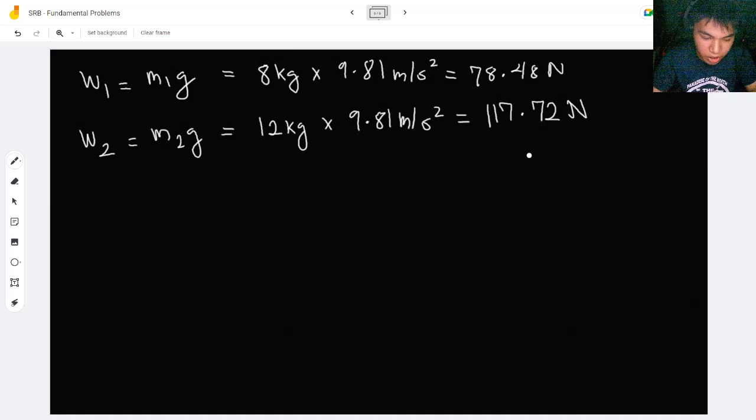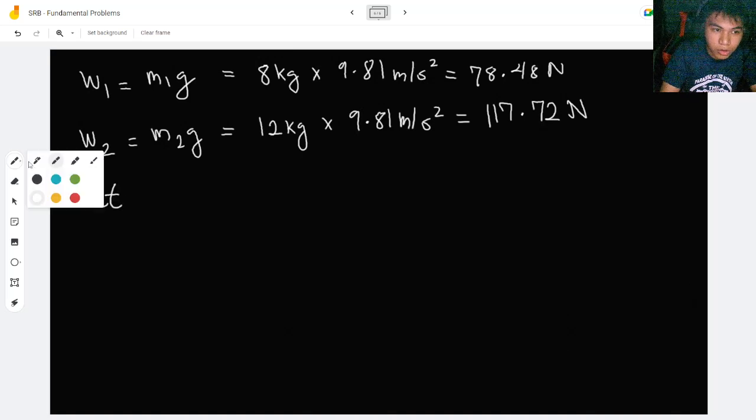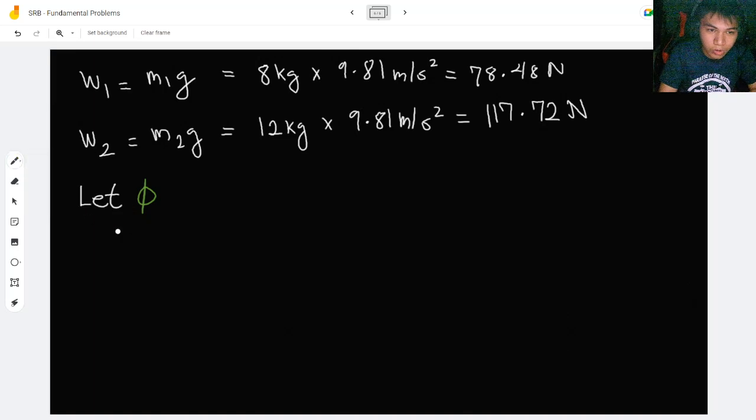So let me put this here. We can let any variable basically be the ratio, but we're gonna do phi for this one. As we know, phi also signifies the golden ratio, so it just fits here. Let phi be the ratio.